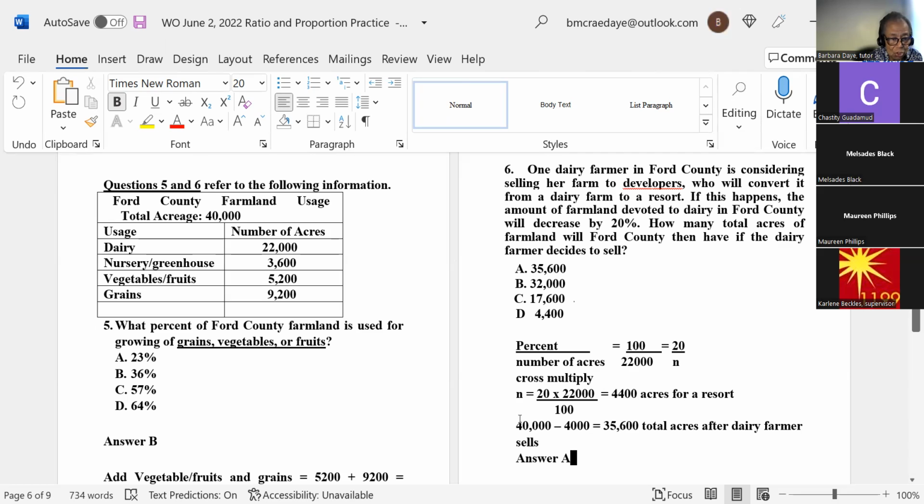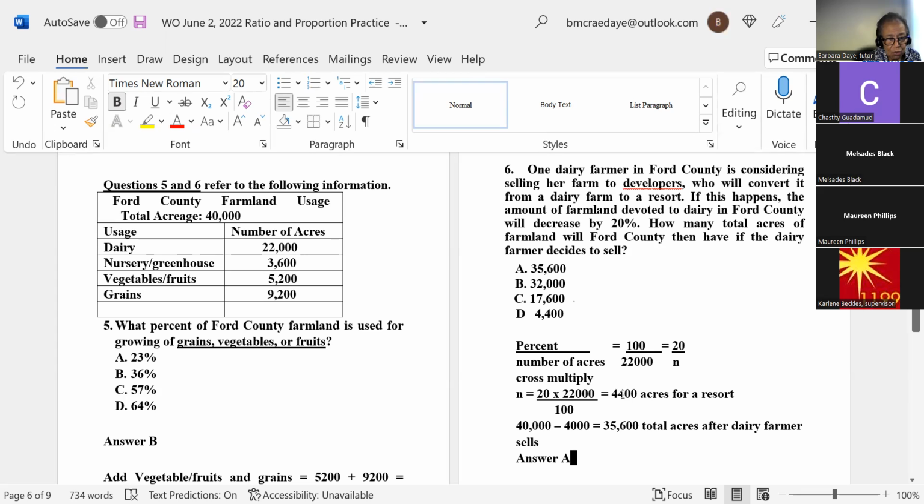Subtract that from the total 40,000, you get the total acres after the dairy farmer sells. One question, miss. So you're saying that 4,400 is the 20%? Yes, and you could have taken 20% of 22,000. That would have given you 4,400.